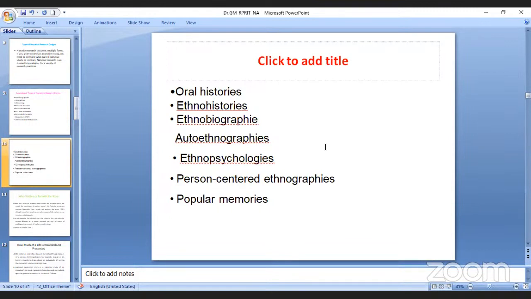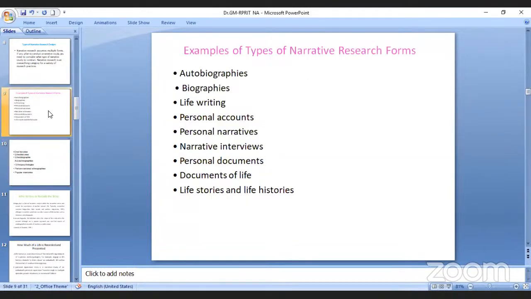The history is only in oral form. Likewise, ethnohistories, ethnobiography, autoethnobiographies, ethnopsychologists, then person-centered ethnographies and popular memories. These are the different examples of types of narrative research forms.